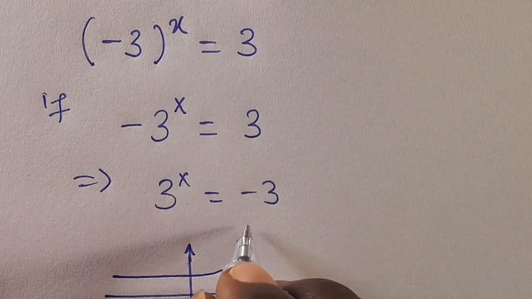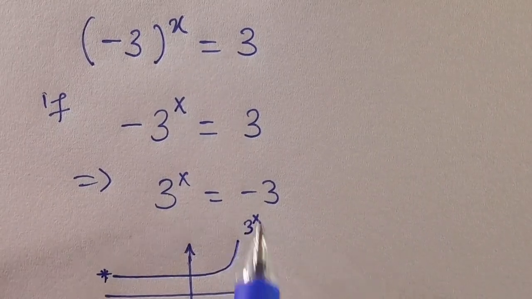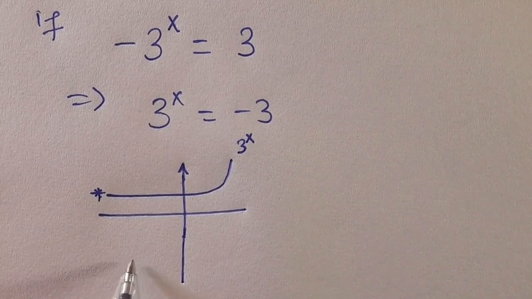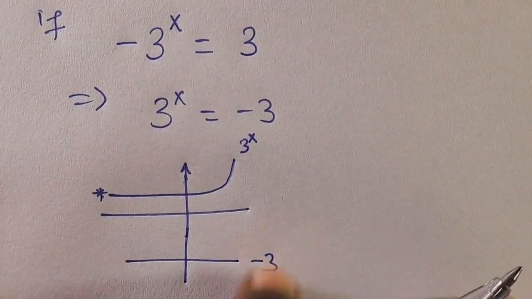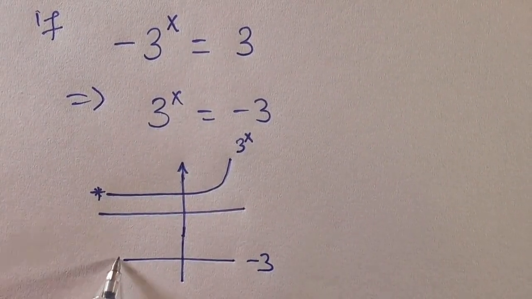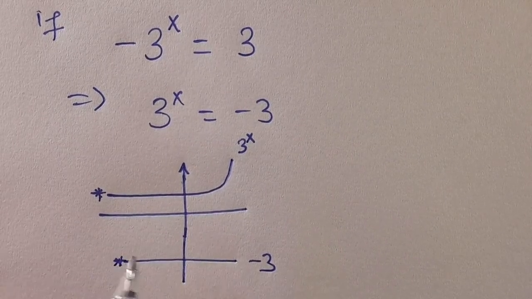So here will be our 3 to the power of x, and for this negative, we can have here to be around minus 3. So obviously, no solution for this because for this line and this line, no point of intersection.